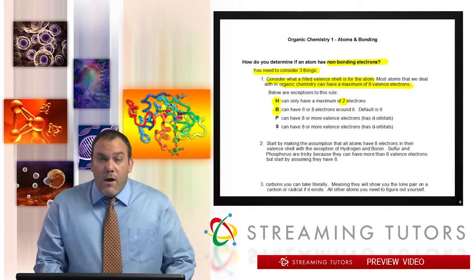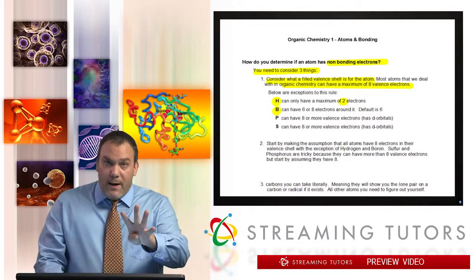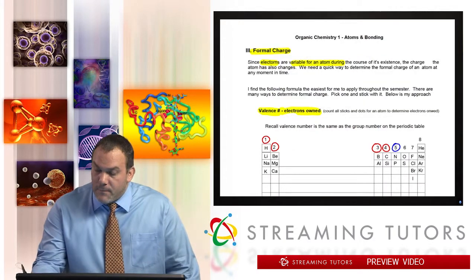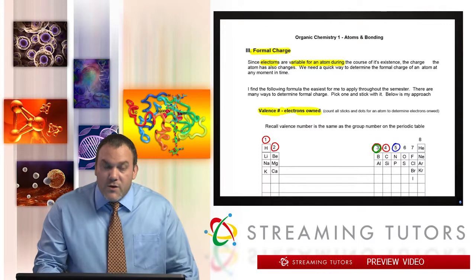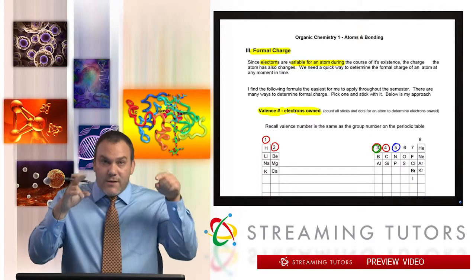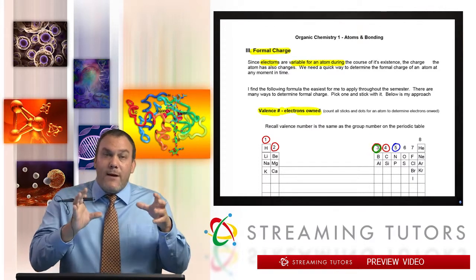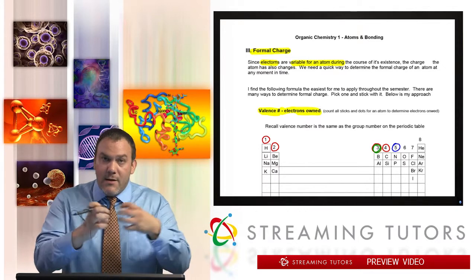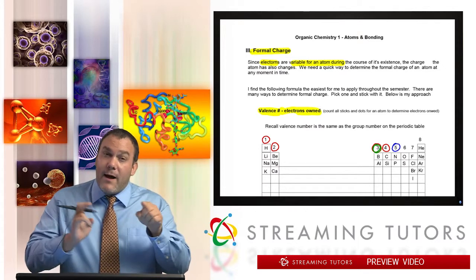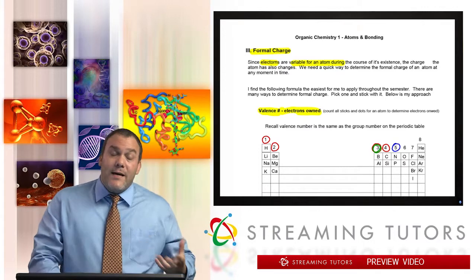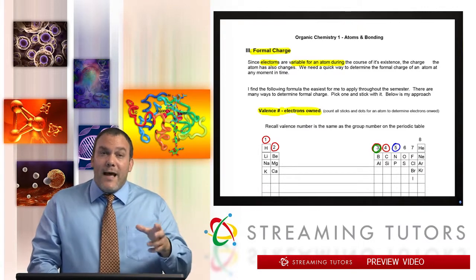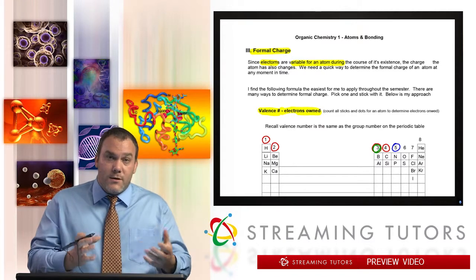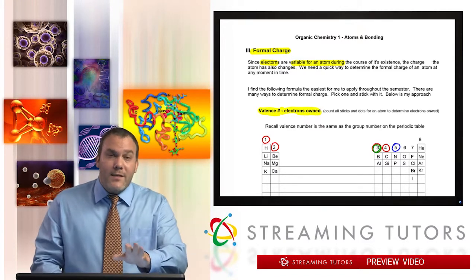Boron, on the other hand, now it could make 4 bonds. But if you look at boron, its group number is 3. Which means that in its outer shell it only has 3 electrons. So being that a covalent bond is where each has to contribute one of the electrons to make the bond, it can only make 3 bonds by itself. It turns out it could make a 4th bond, but that's something that's not done through an equal contribution. It's an unequal contribution. We'll come back to that soon.